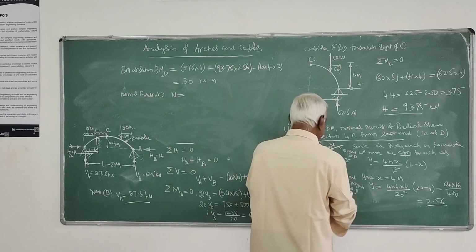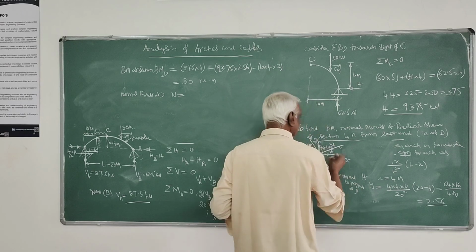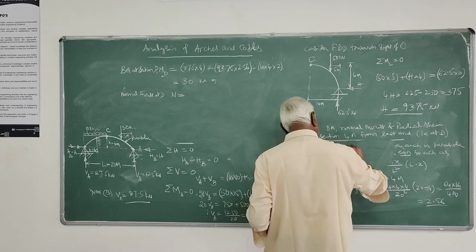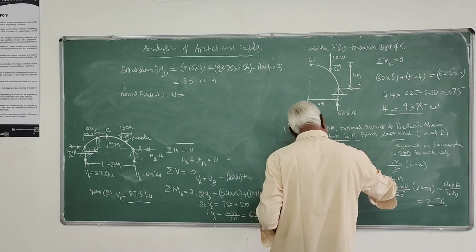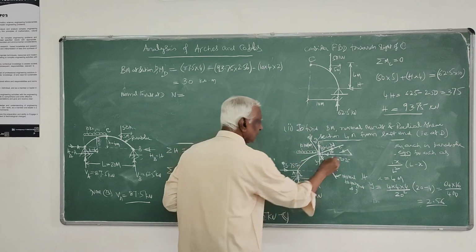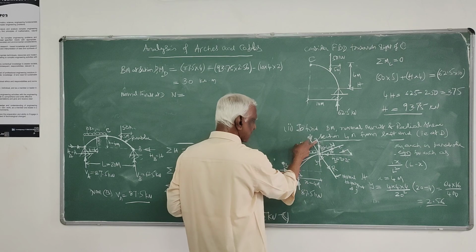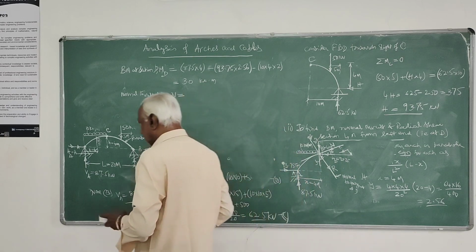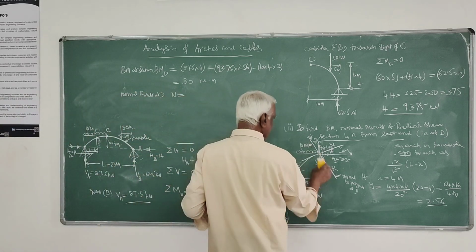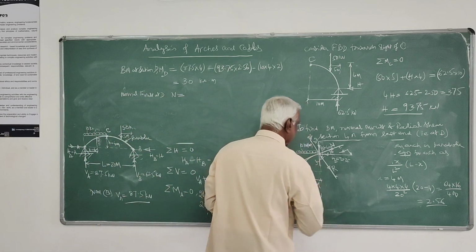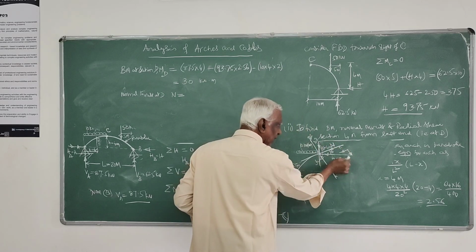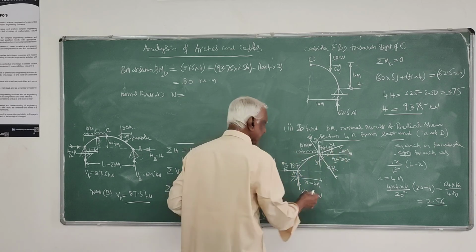If you resolve it along the normal and along the radial direction, you will get like this and like this. Similarly, this Vd you can resolve horizontally and vertically. You have to be very careful, so watch how I am resolving here. This is along that normal. This is parallel to the tangent.